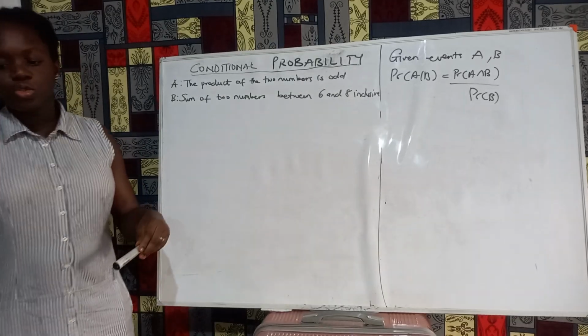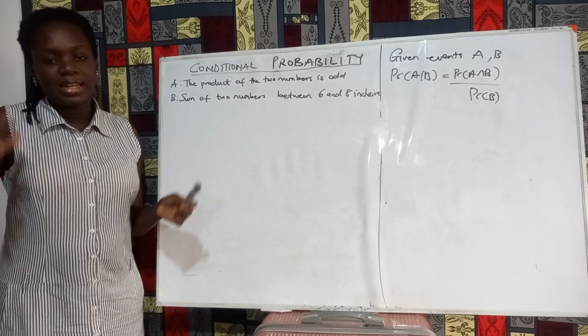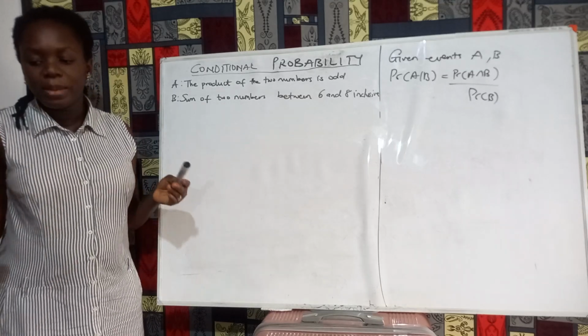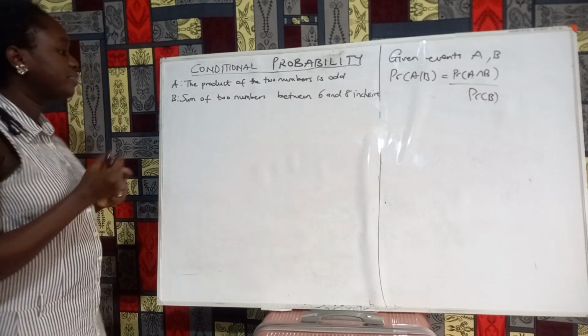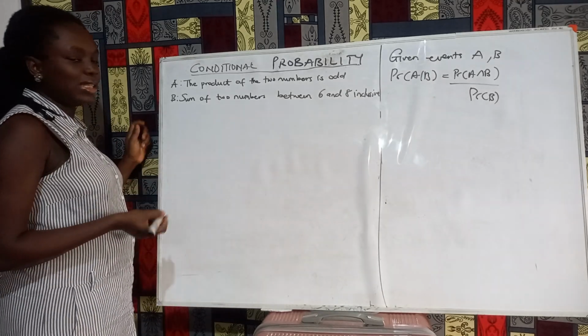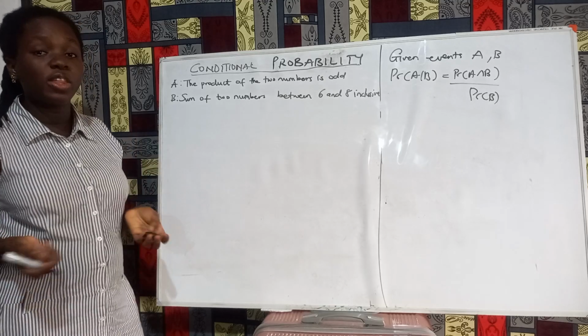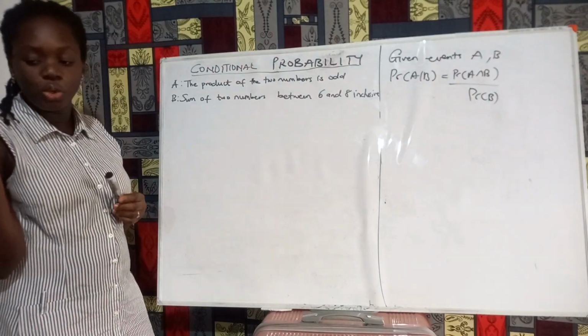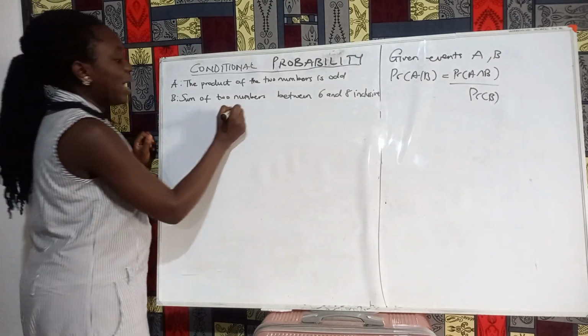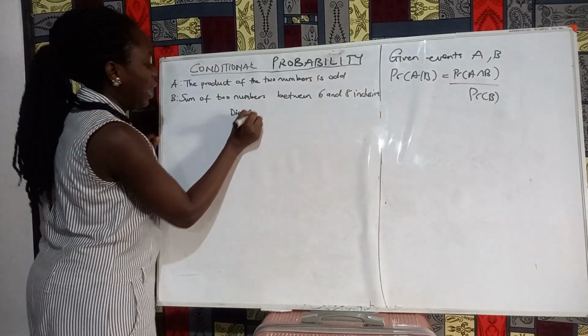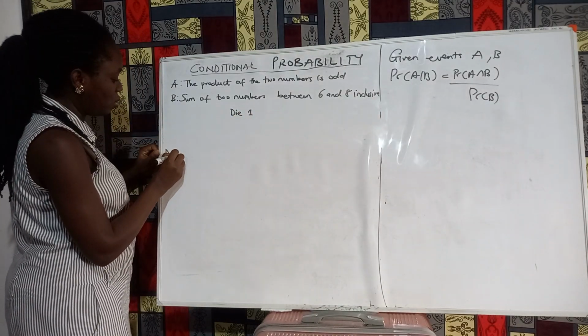It says a student rolls two six-sided fair dice. The two numbers that appear on the top face of the dice are observed. So let's create a table to list out all the possible outcomes of these two six-sided fair dice. This is die 1, and here is die 2.